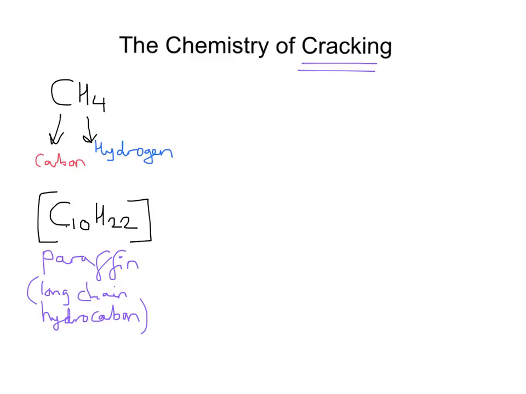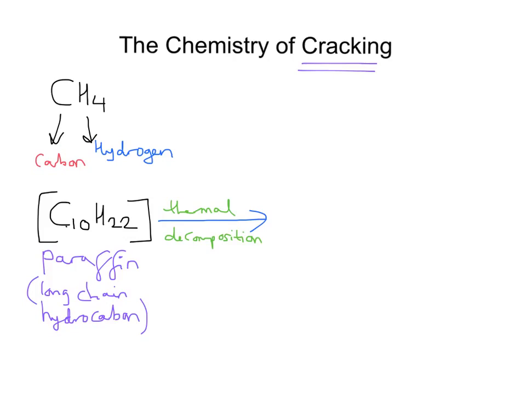So what we're going to do is break it down by a process of thermal decomposition. I'm hoping you can guess that by thermal it means we're using heat. So we need a lot of heat to break these large molecules down.